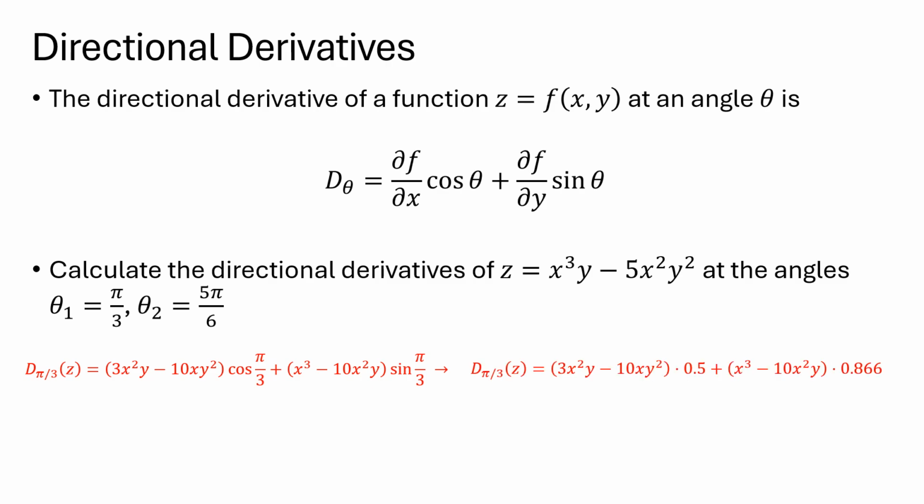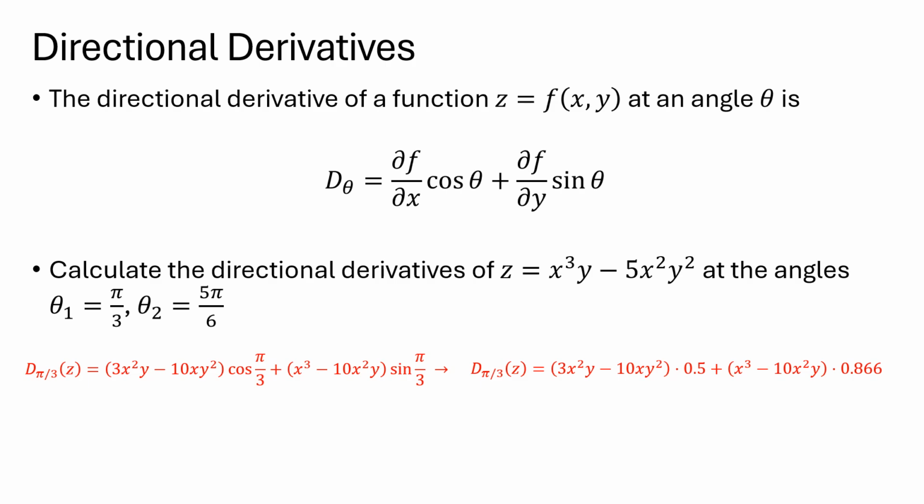Using trigonometry to calculate these, or using a calculator, gives 3x squared y minus 10xy squared times 0.5, as cosine of pi over 3 is equal to 0.5, plus x cubed minus 10xy times 0.866, as sine of pi over 3 is equal to 0.866.